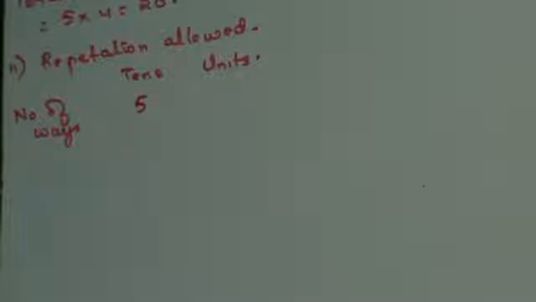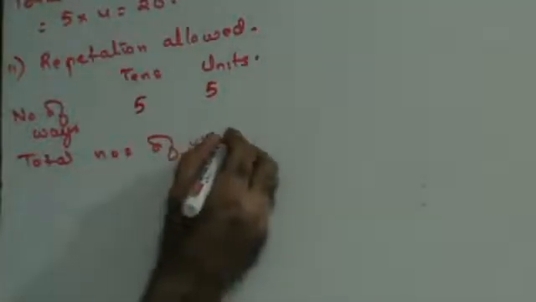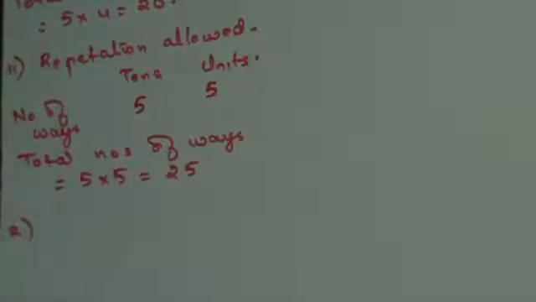There are 5 digits, so I have 5 alternatives. Since repetition is allowed, I can use that same digit again. So I have 5 alternatives for filling the units place also. So the total number of ways is 5 into 5, that is 25. Next, take down the next one please.